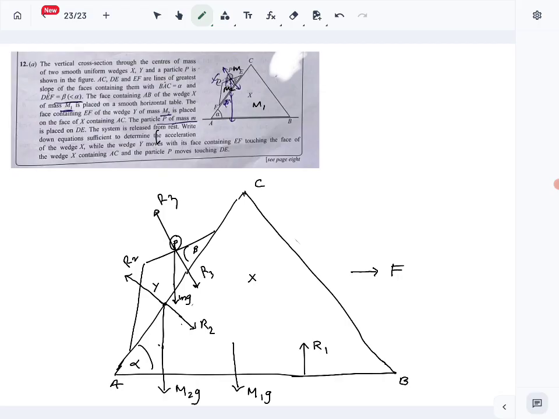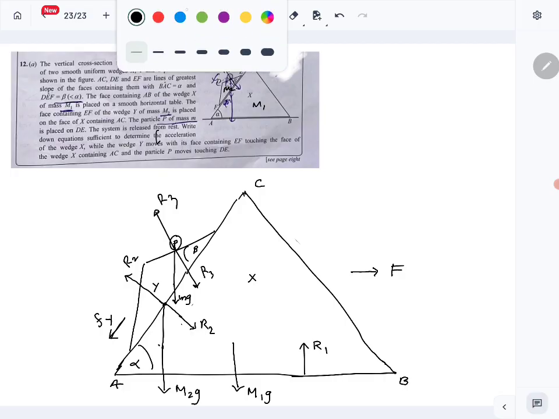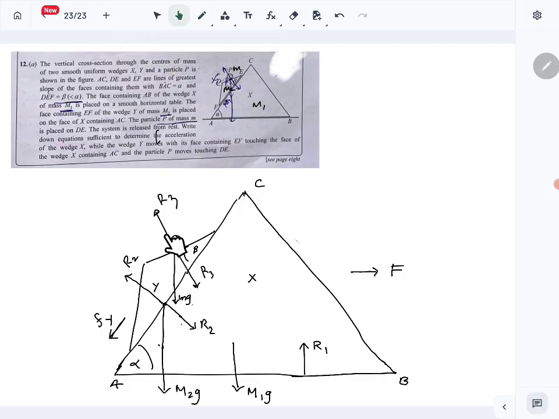Then wedge Y is obviously going down the slope because of its weight m2 g, so that will go in this direction. Let's mark that acceleration as Fy. And the particle acceleration we also need to consider.